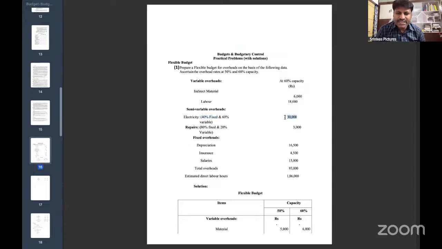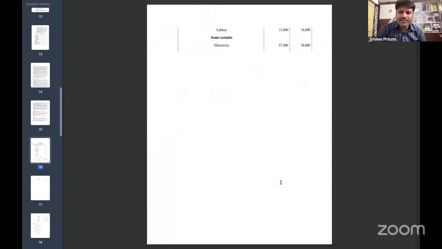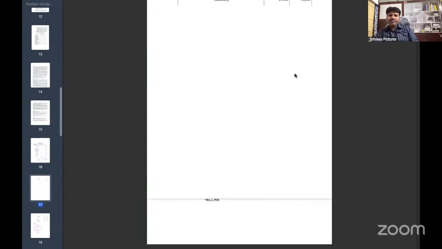When 60% equals 18,000, 50% is automatically 15,000. So the fixed electricity is 12,000 plus 15,000, which gives total electricity charges of 27,000. It includes 12,000 fixed and the remaining 15,000 variable charge.